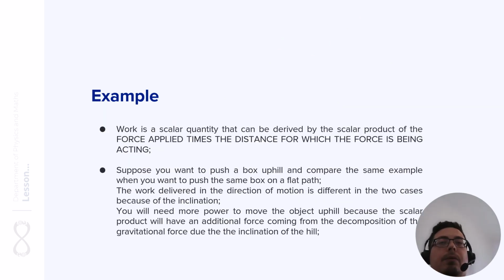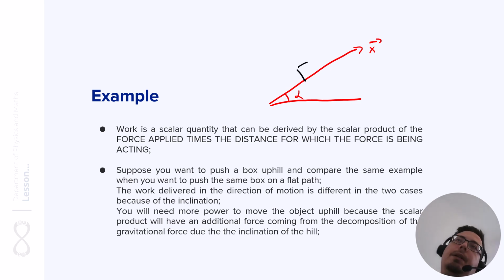An example could be, if you want to move an object uphill, this is an angle alpha, this is the direction x over which you want to move an object, and the object is affected by the force of gravity, and then you want to move the object uphill by a displacement dx.